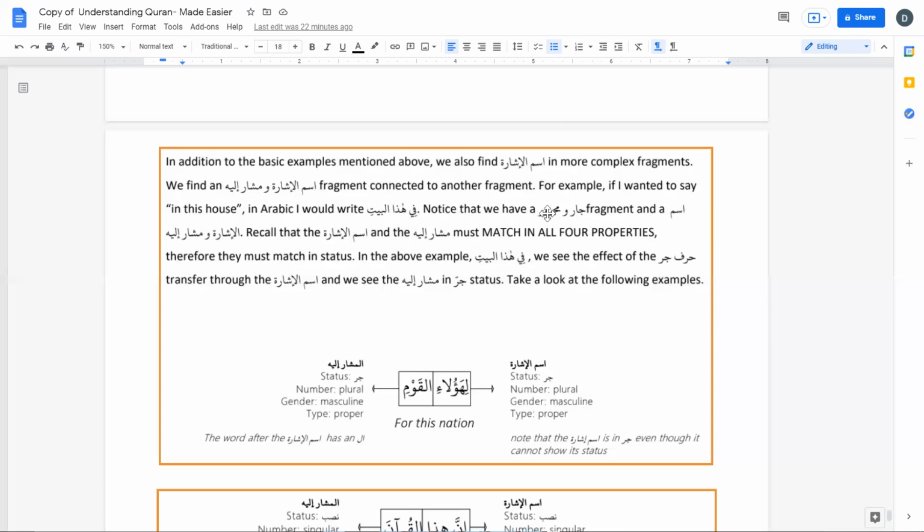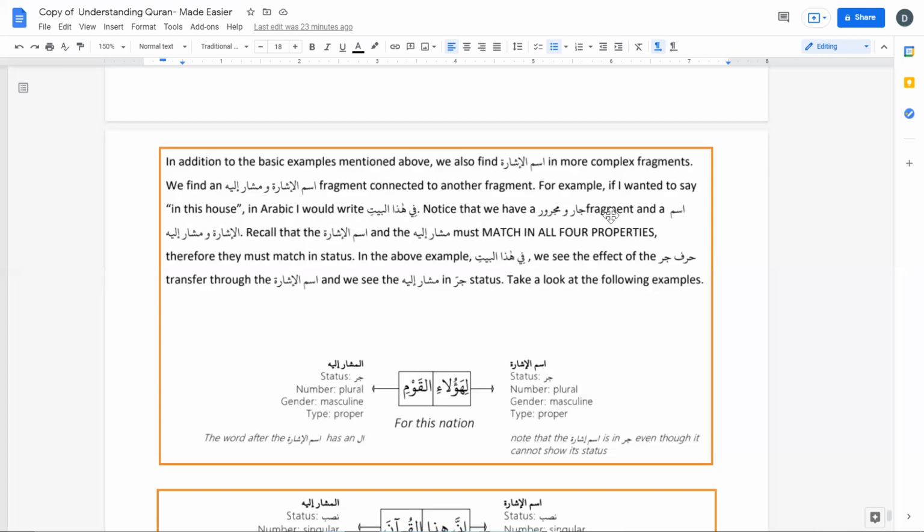Haza, notice that we have a jar majroor fragment in the beginning, Fi Haza, and Fi is a harf of jar. So it's making Haza in jar status. And then Haza is ism ishara, and the mushar ilayh is again majroor because they both match in all four properties, right?